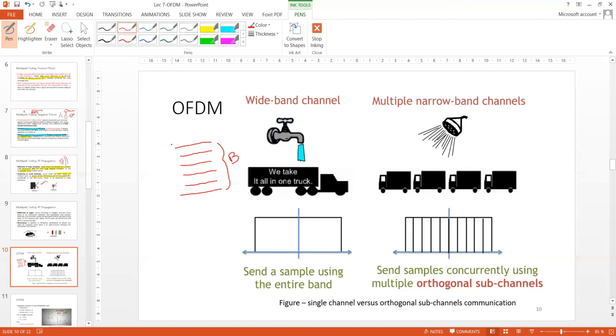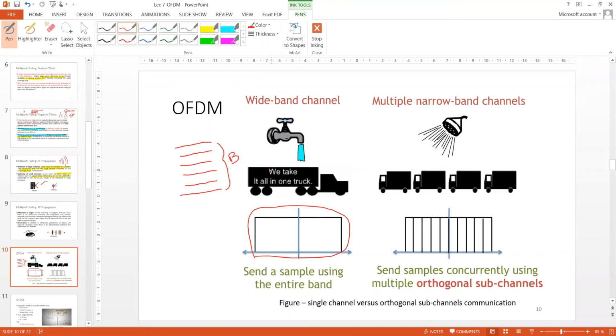So if we consider this analogy, let's suppose this is your entire bandwidth or your entire channel, and you are transmitting a single carrier in order to transmit your information over this particular channel. So let's suppose you have a single truck and you are sending all your load in this single truck only. Different problems can take place along the way. If the tire is punctured or if the truck is flipped over, all your information or all your load will be lost in this particular case.